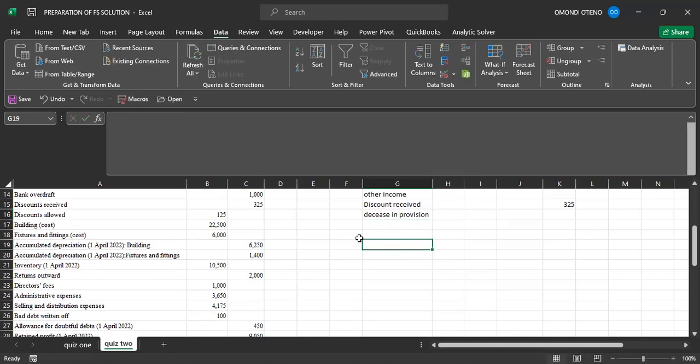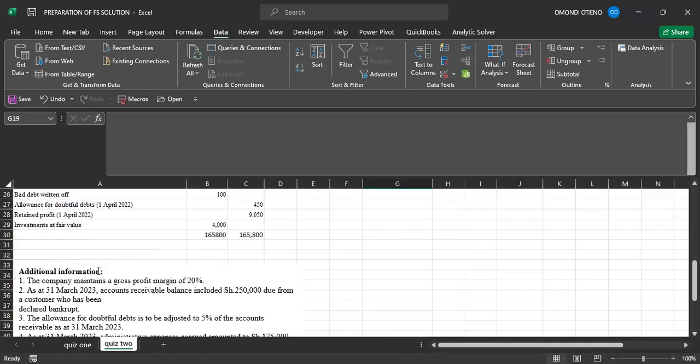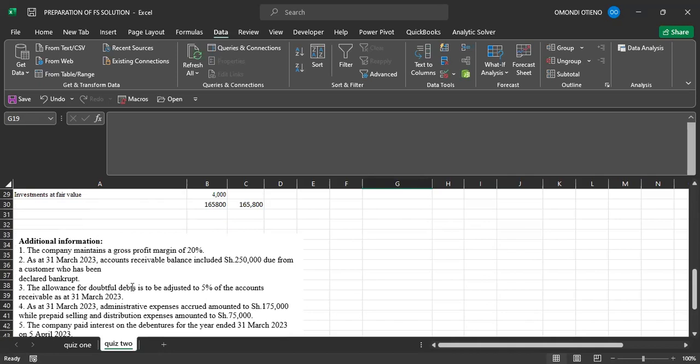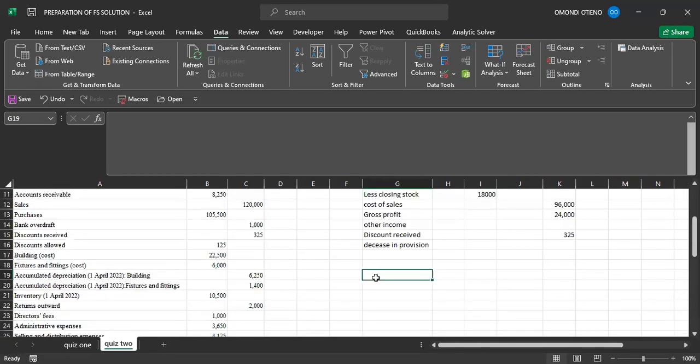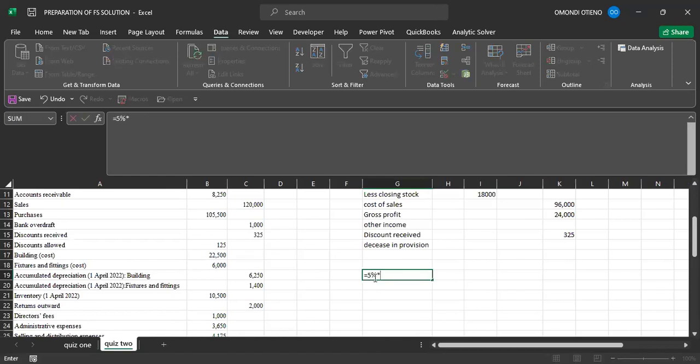So let's look at it. The provision that was given, we are told down here that the allowance for doubtful debts is to be adjusted to 5% of the accounts receivable. This accounts receivable should be net.